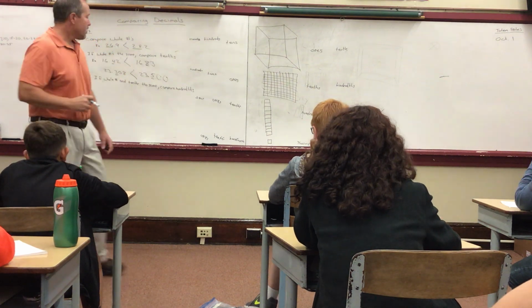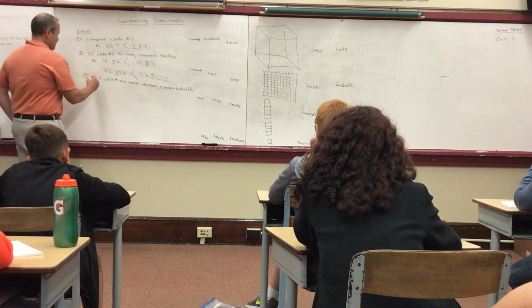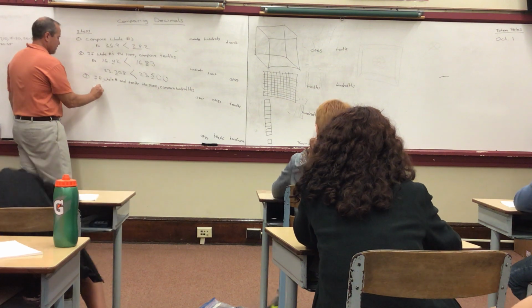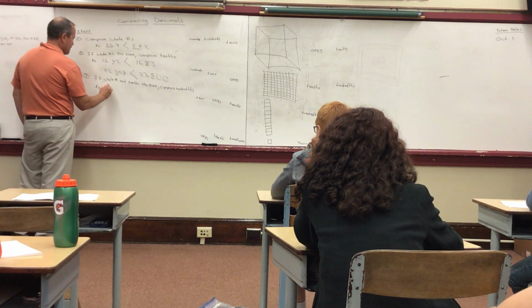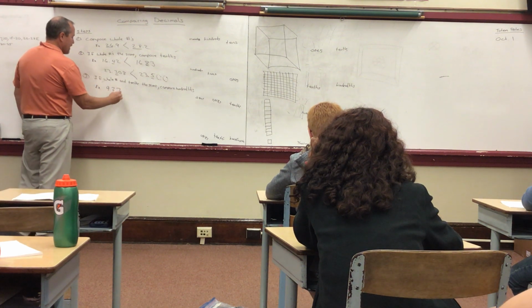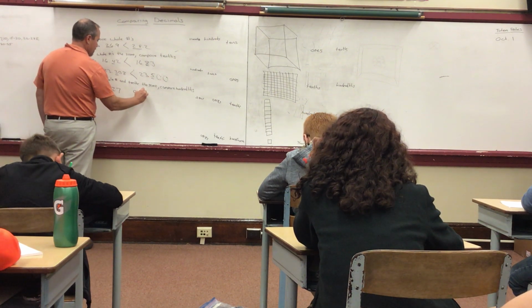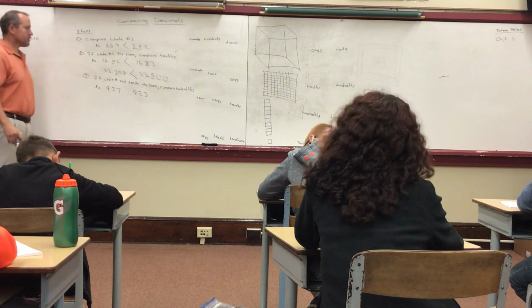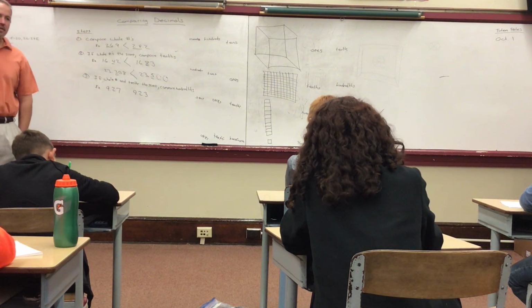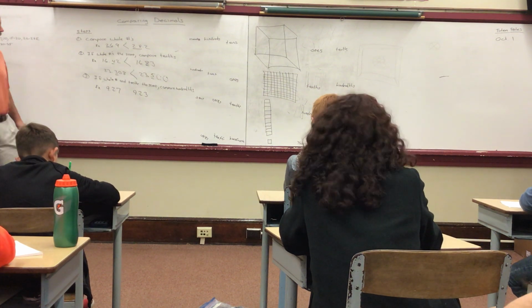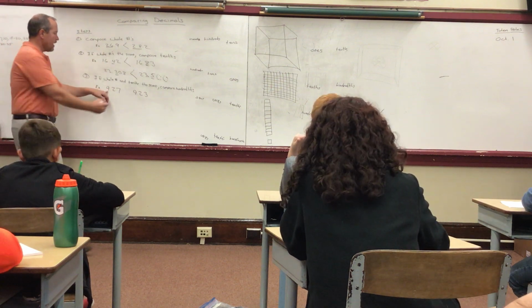Okay, so for example, if we have 9 and 2700, 9 and 2300. The first thing we always compare are the whole numbers. The 9 and the 9, the numbers to the left of the decimal. They are the same.